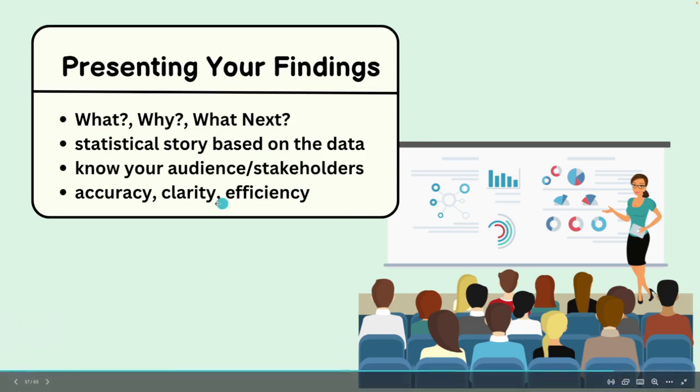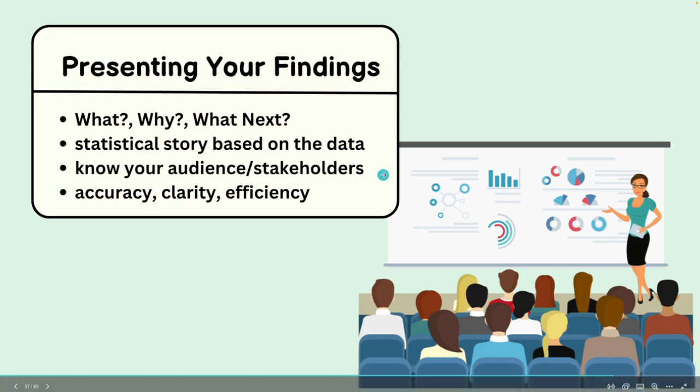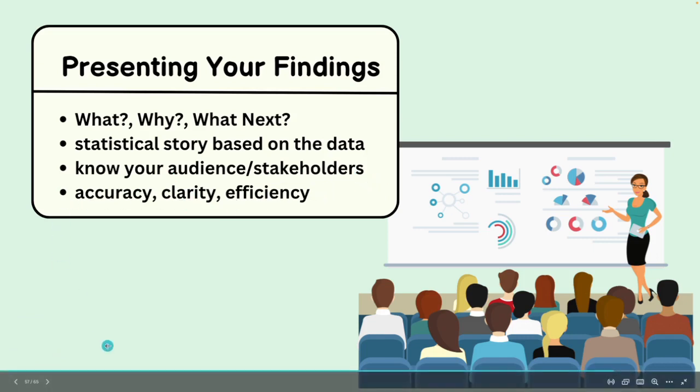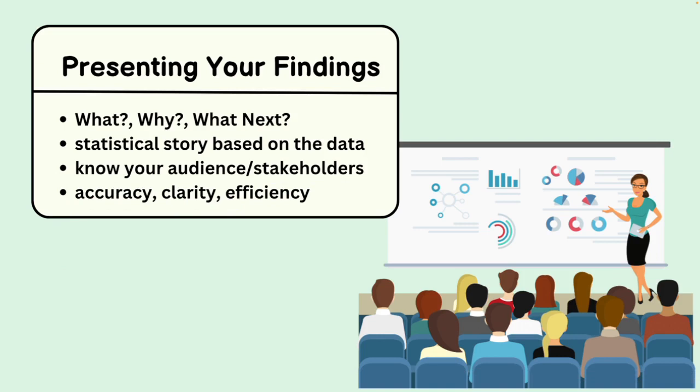So you want to know the audience and the stakeholders, and you want to report your findings accurately, meaning not exaggerating or minimizing, but also clearly, so that the audience's level of technical understanding is accounted for, and that you're also reporting efficiently, because you may find a lot of things but only some are pertinent.